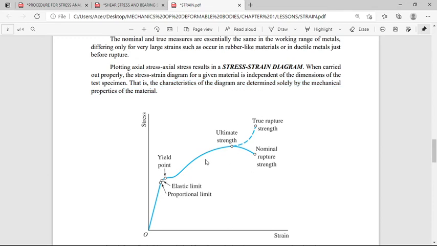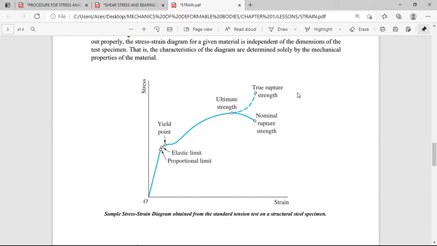So, ano nga ba yung explanation sa likod nitong stress-strain diagram? Look at the figure here. Ito ay sample stress-strain diagram na na-obtained from a standard tension test on a structural steel specimen. Ano ba yung structural steel specimen? Yan yung mga ginagamit nating mga steel when we are constructing structures, obviously.